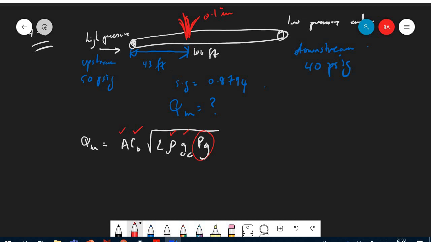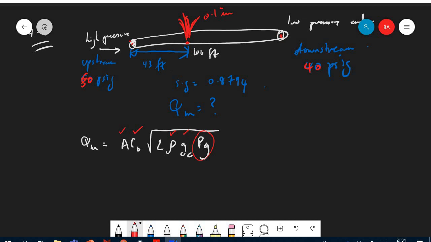Why? Because we can say that the pressure drops from 50 to 40. If I consider that there's a uniform drop from 50 to 40, at this point what is the pressure going to be?